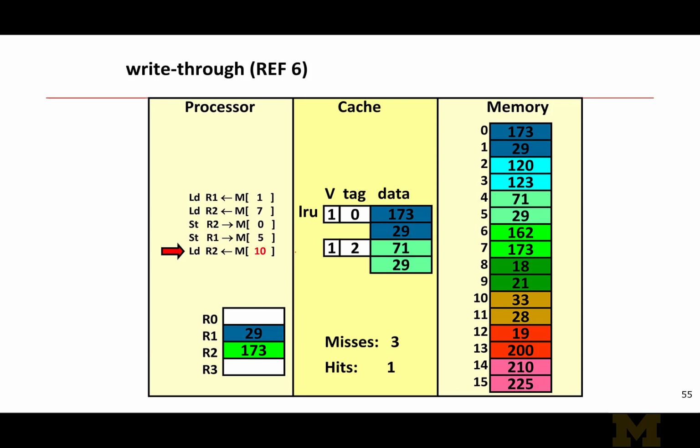So carrying on with this example, I have a load, and then the load would simply go and read the data and replace the data. So notice that in this case I do not have to do any action when I evict this block with the tag address 0, because in the case of a write-through cache there is nothing to write back because you have been writing through on every store.